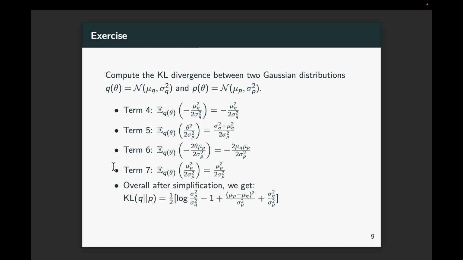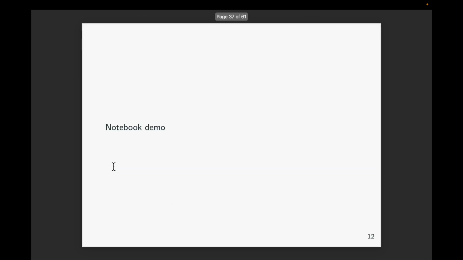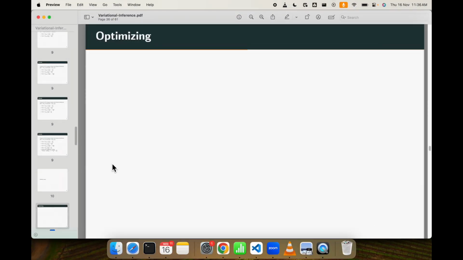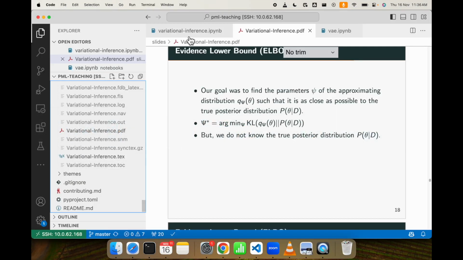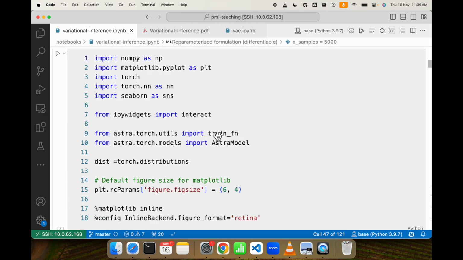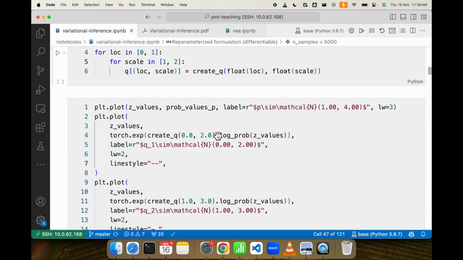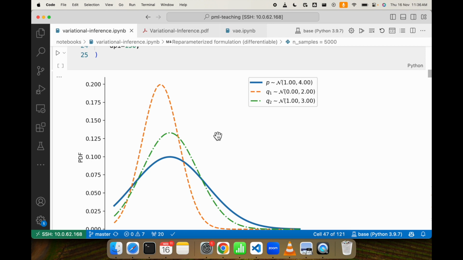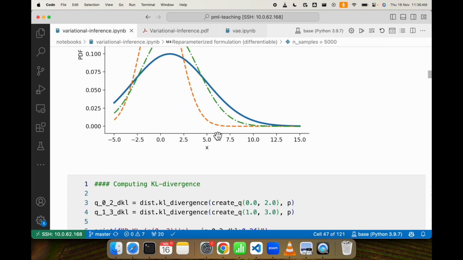And we also confirmed using Torch and TensorFlow Probability that this is indeed the KL divergence formula that they're using for two normal distributions. Post that, we looked at optimizing. So we'd seen how we can optimize the parameters of the Q distribution to make it as close as possible to P via the KL between Q and P.